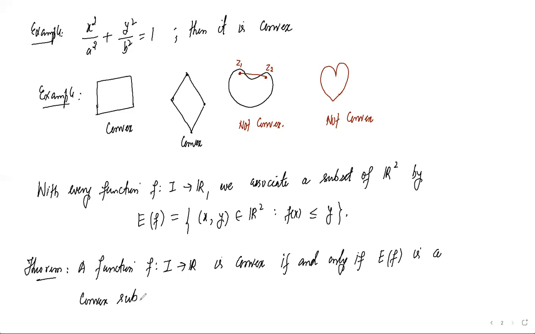So this is a characterization of convex functions using the concept of a convex set. A function f from I into R is convex if and only if the subset E of R square associated to the function is a convex subset of R square.